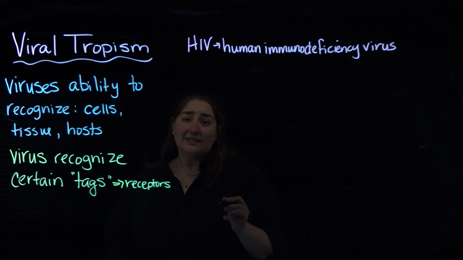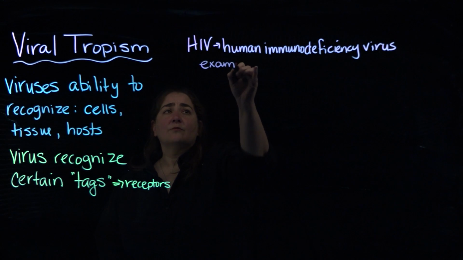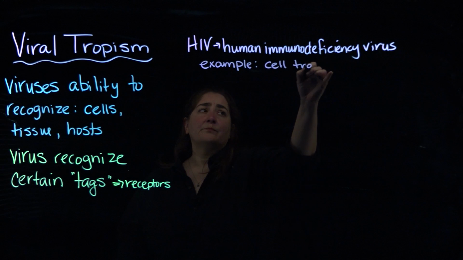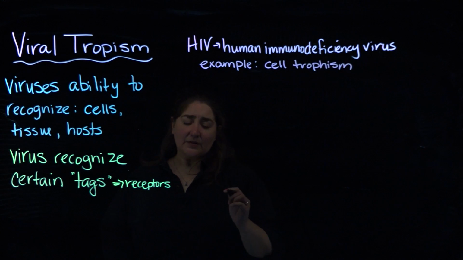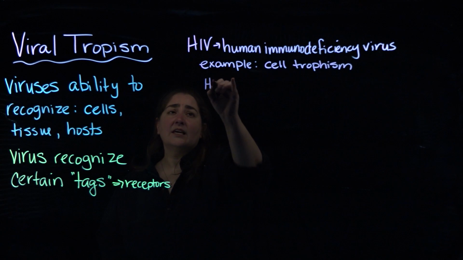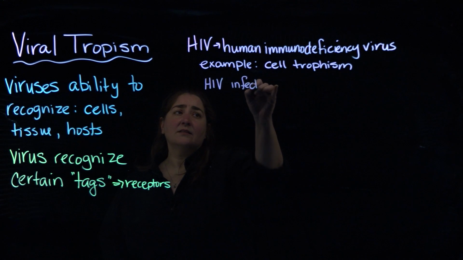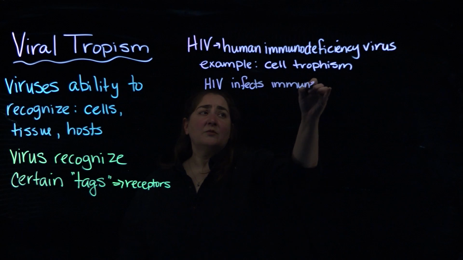That's a lot easier to say, okay? This is going to be our example of cell tropism. Because what happens with the HIV virus is it infects cells of the immune system.